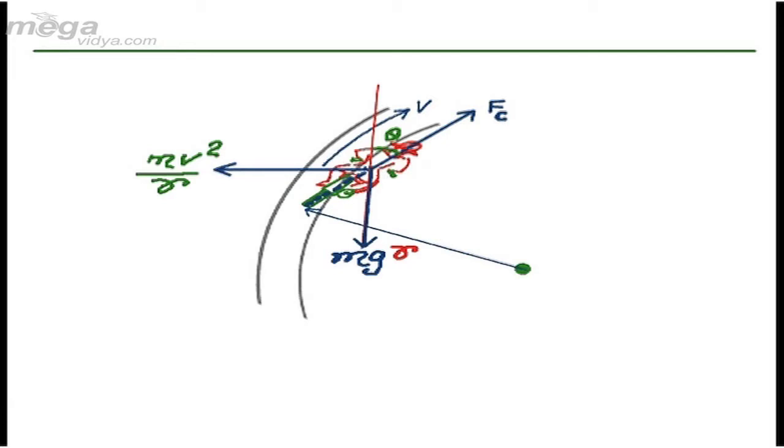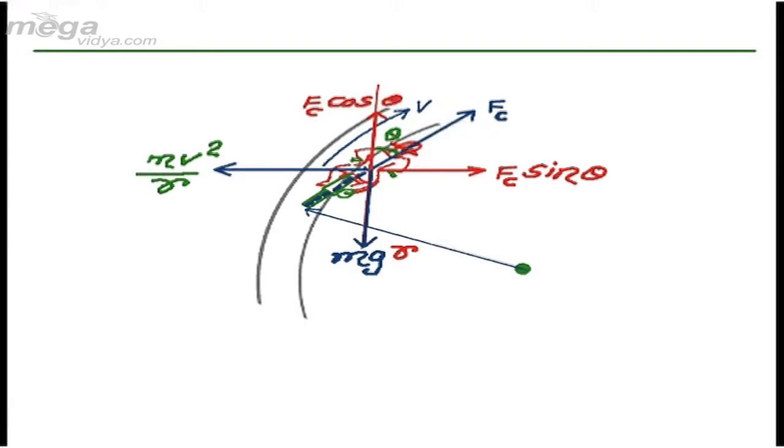If we resolve this Fc into two mutually perpendicular directions, one along the horizontal, which will become Fc sin theta, and the other component of this force Fc, which is in the vertically upward direction, it will be Fc cos theta.